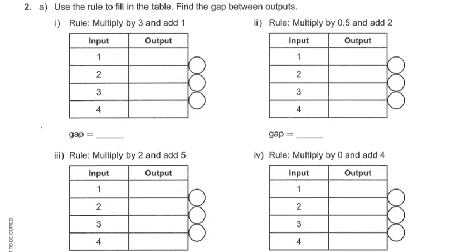Question 2, it says use the rule to fill in the table. Find the gap between the outputs. So the rule is up here. Multiply by 3 and then add 1. So if I take the input and multiply by 3, that's going to give me 3, 6, 9, and 12.